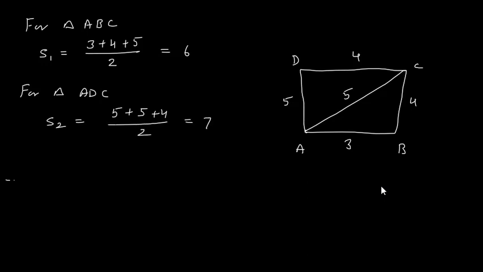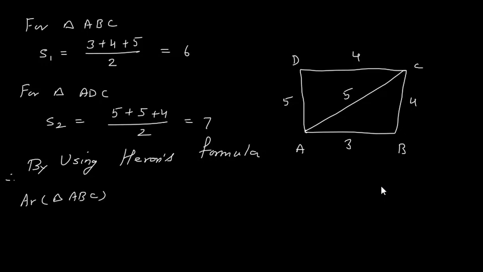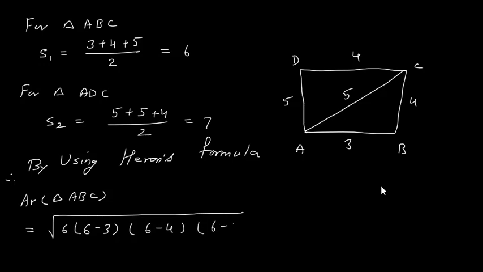So therefore by using Heron's formula, we have area of triangle ABC is equal to square root of, for ABC the value of S1 is 6, so I will write 6 into 6 minus one side is 3, 6 minus one side is 4, 6 minus one side is 5.